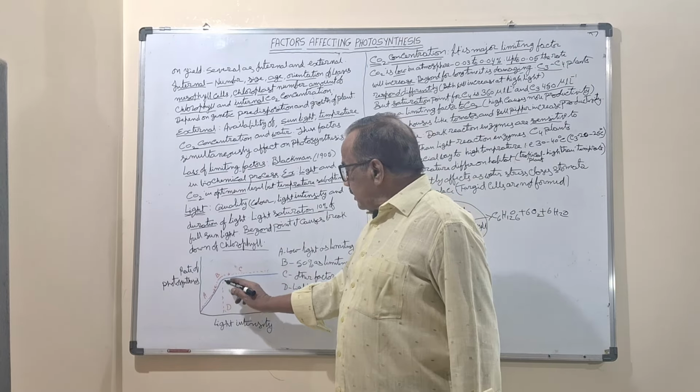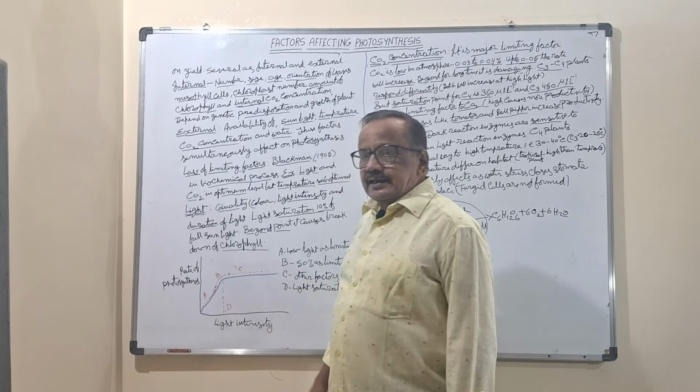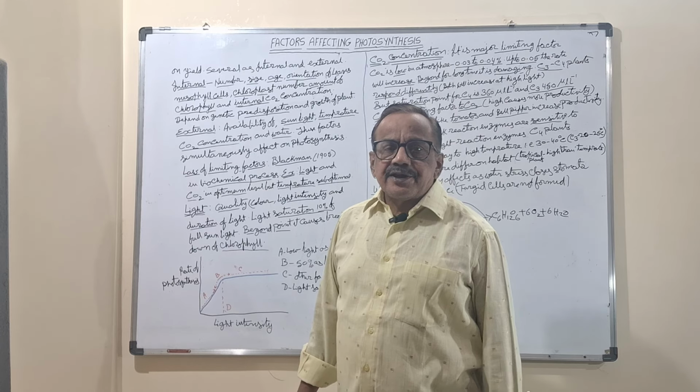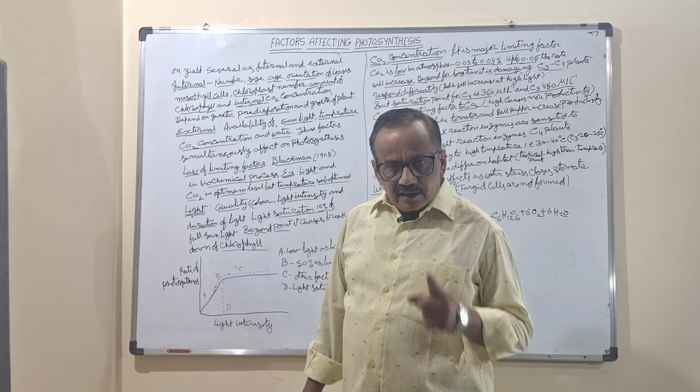Light is okay, but the other factors also should increase, and that is not possible in nature. So the other factors at C will work as limiting, and it will go on parallelly. Where the curve has taken, that is B, that is the saturation point of the light.